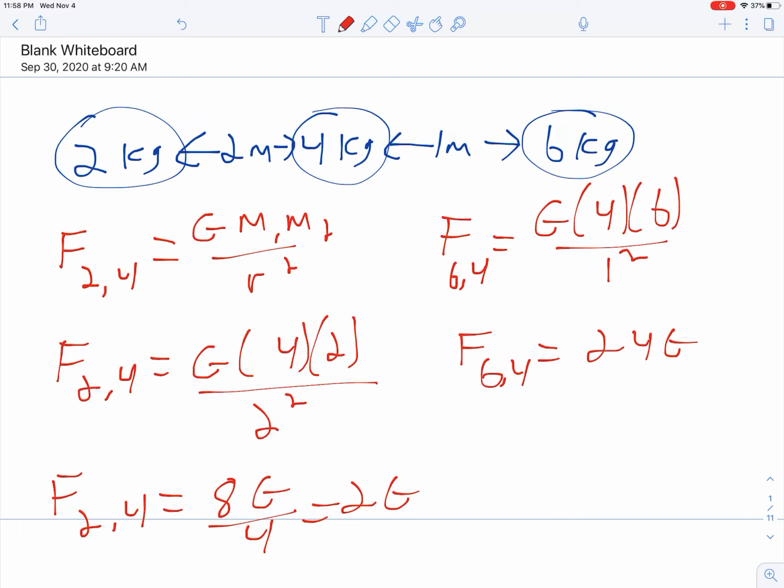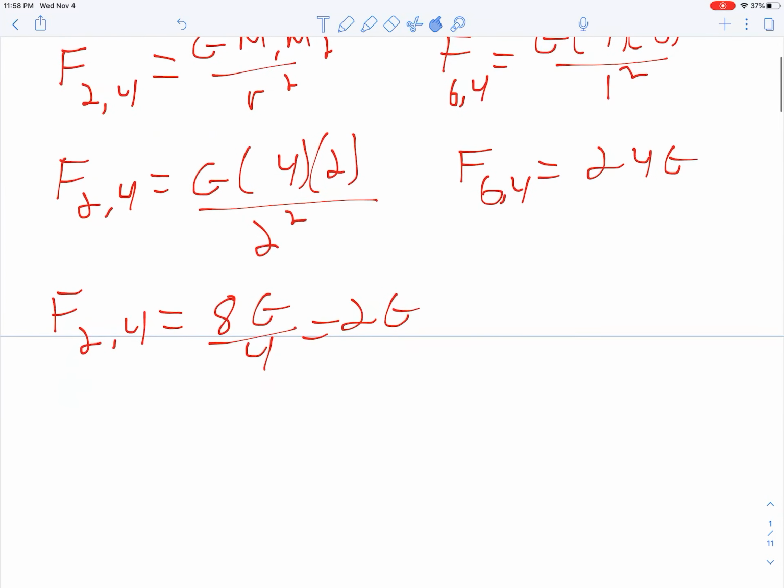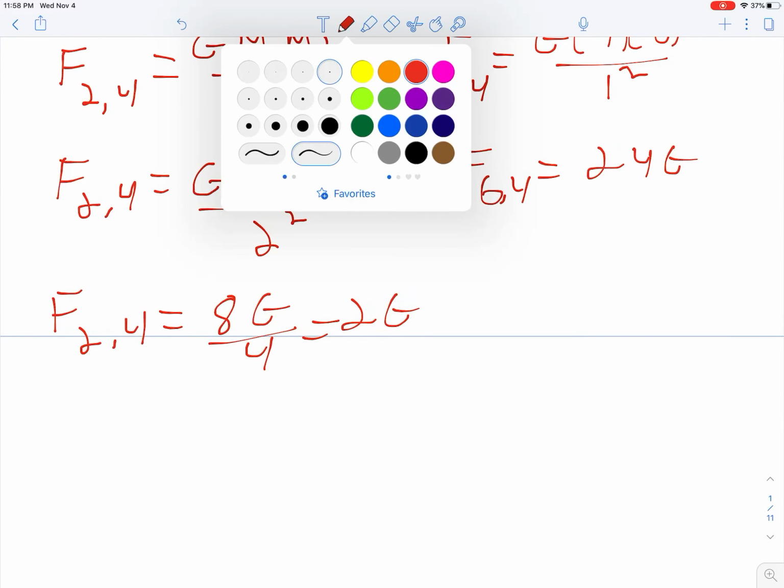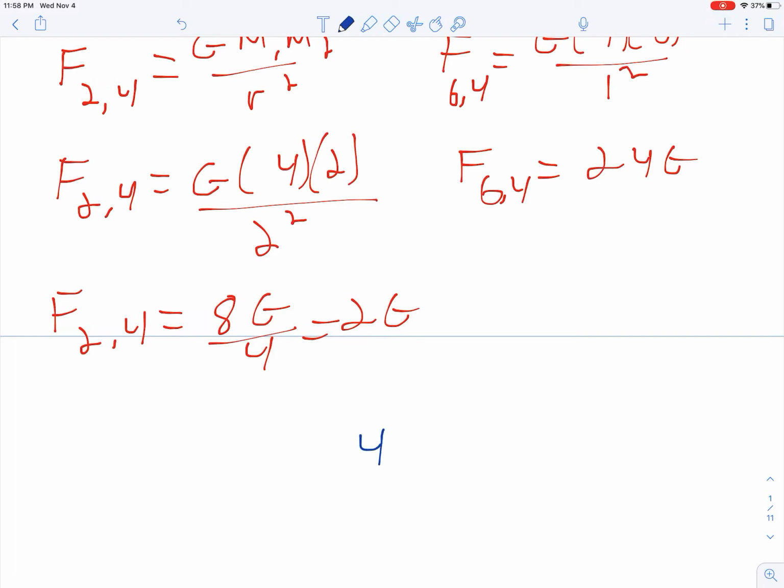Okay. So when I'm looking at this, I could actually redraw it. Let's redraw it in blue. I have my 4 kilogram object in the middle, and it's got two forces pulling on it.